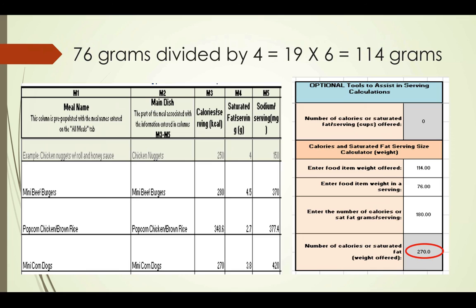Then enter 180 calories for a 4 mini corn dog serving in the section that states enter number of calories or saturated fat grams servings. And then hit enter. You will get the calories for the serving size you are offering. You can see that 6 mini corn dogs is 270 calories. You may do this for the saturated fat and sodium as well.